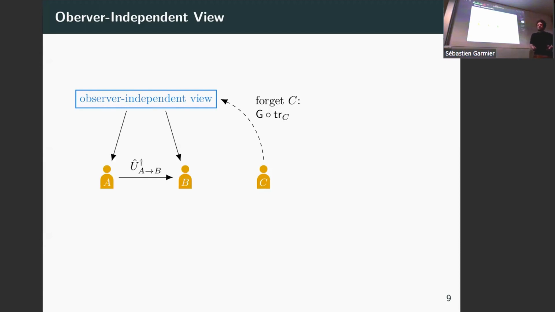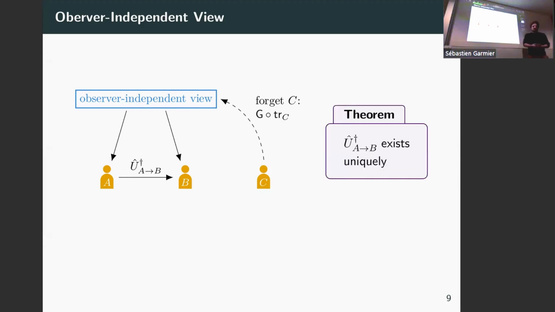So there must be maps that go down from there. And of course, between Alice and Bob, we have the reference frame transformation. And assuming that this kind of stuff can happen actually constrains this quantum reference frame transformation uniquely. And this is one of the nicest results that we have had in this approach.